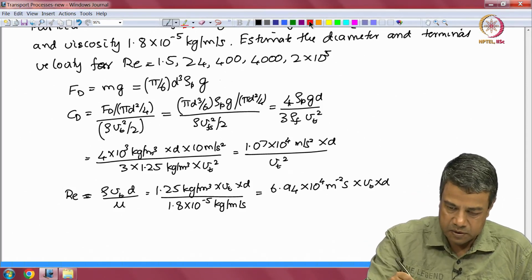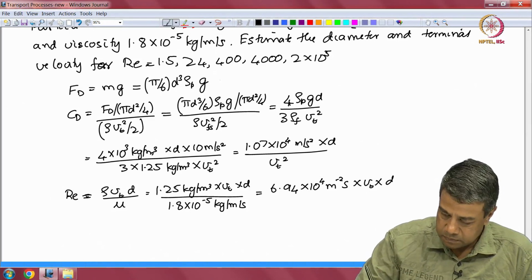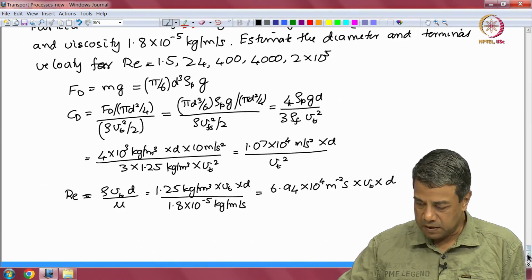The Reynolds number is proportional to the terminal velocity times d. So, there is the drag coefficient and the Reynolds number.